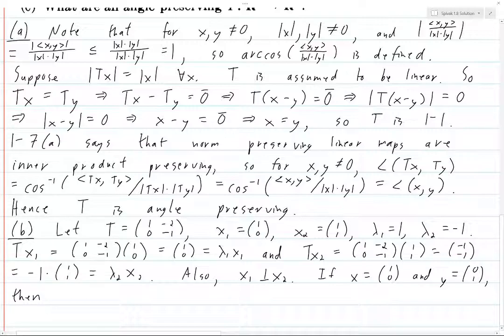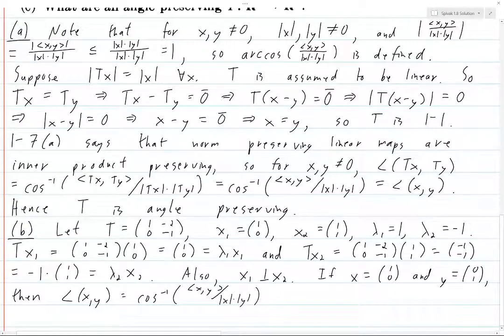If we look at the angle between x and y, just visually you can see that's a 90-degree angle, so it should be pi over 2. But using the formulas that we have, the angle between x and y is cosine inverse of the inner product of x and y over norm of x times norm of y.